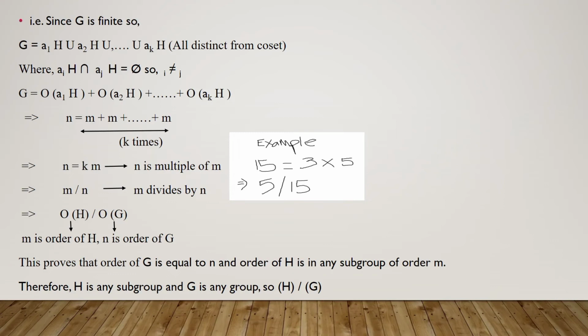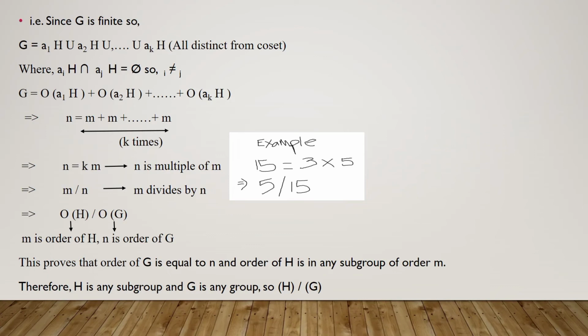So the order of G is equal to the order of a1H plus the order of a2H plus the order of a3H, and so on, plus the order of akH.